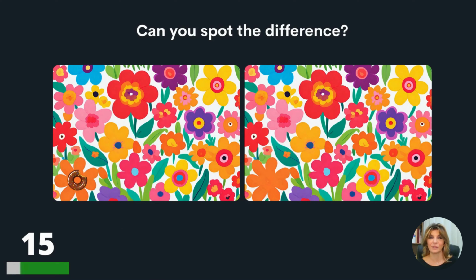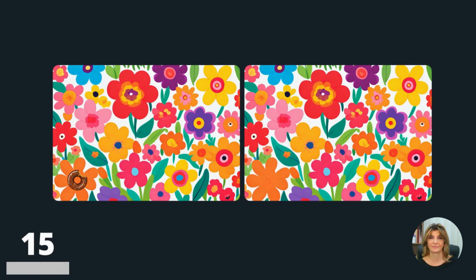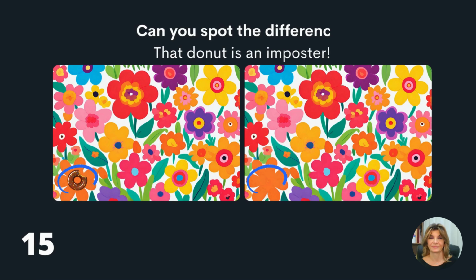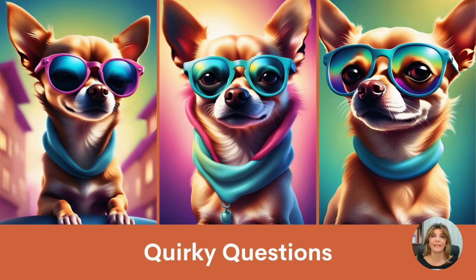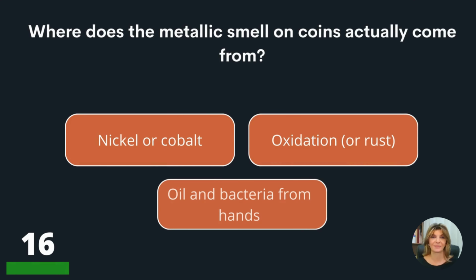And in the flowers, we can see there is a donut in one of the flowers on the left. And let's move to quirky questions.